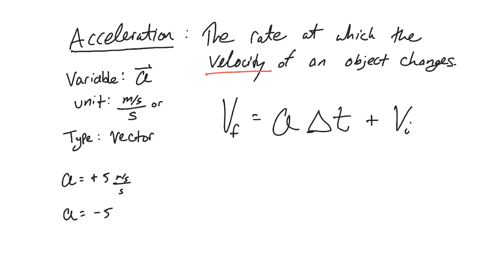We also saw minus 5 meters per second for every 1 second. I think I left the units off on my last slide for brevity, but you can see that acceleration can be both positive and negative, and that has a meaning in physics. We'll talk more about that as our course unfolds.